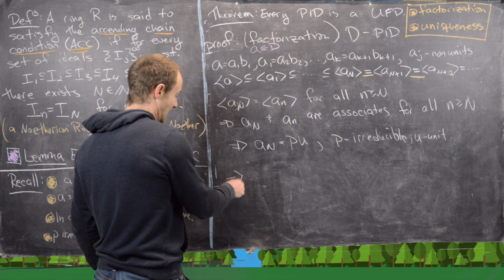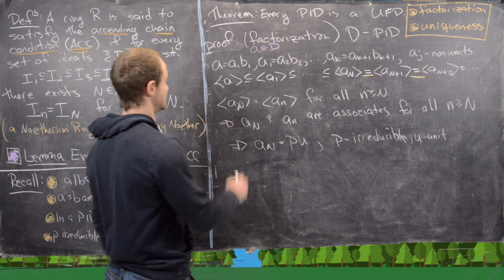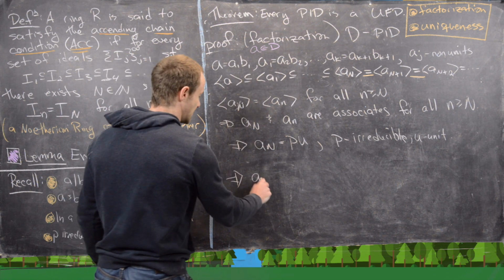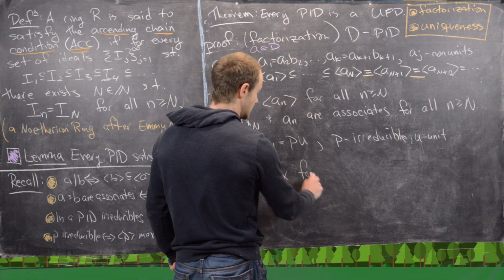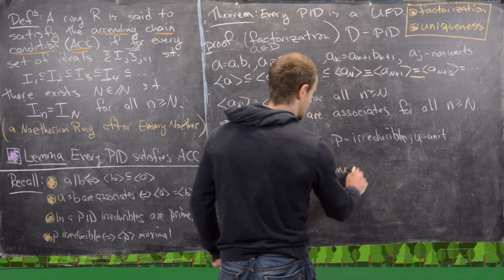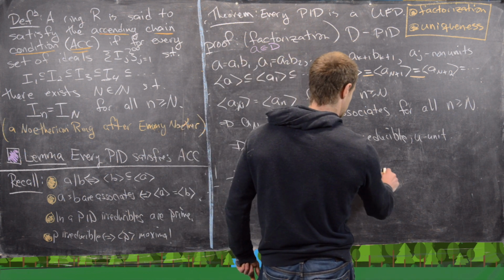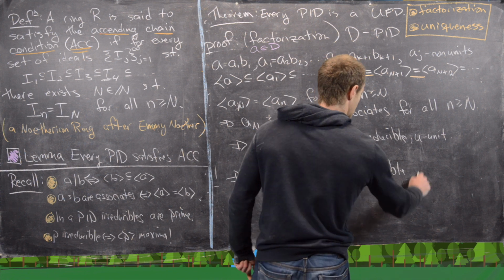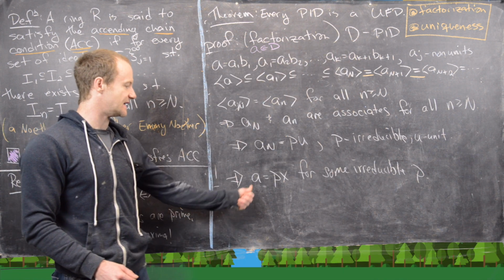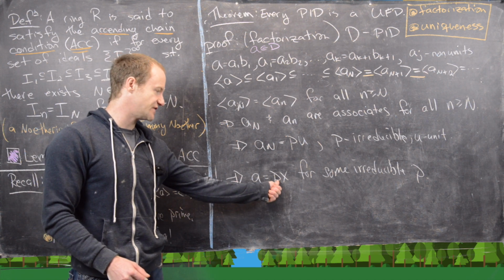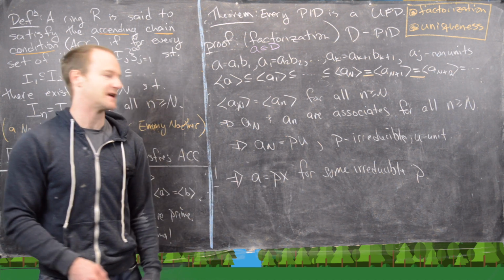So notice what that tells us is that our original A can be written as P times X for some irreducible P. In other words, if we take an element A from the PID, we can factor it into an irreducible times something else.